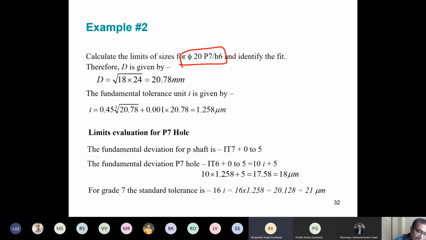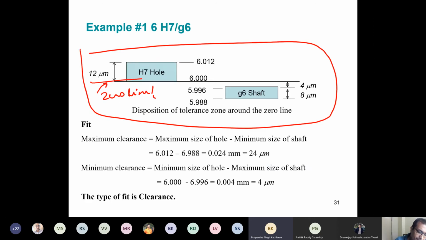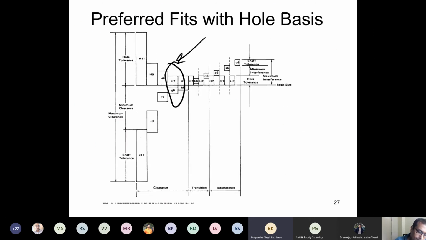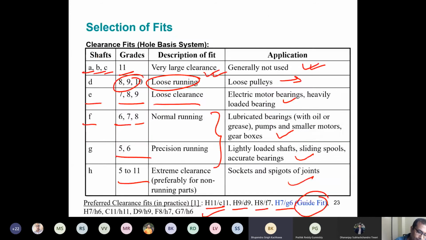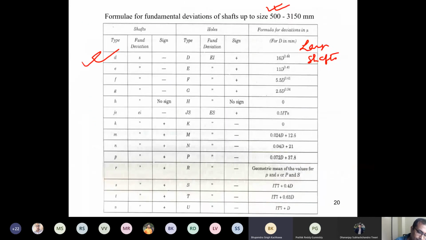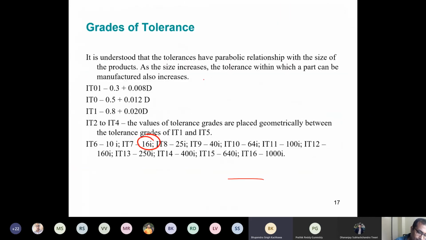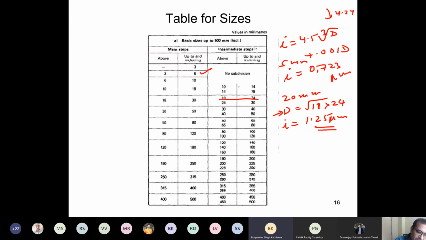D lies between 18 to 30, and if you see here, 18 to 30 has two steps. The first one goes from 18 to 24, the second one goes from 24 to 30. So I'll have to use 18 to 24.